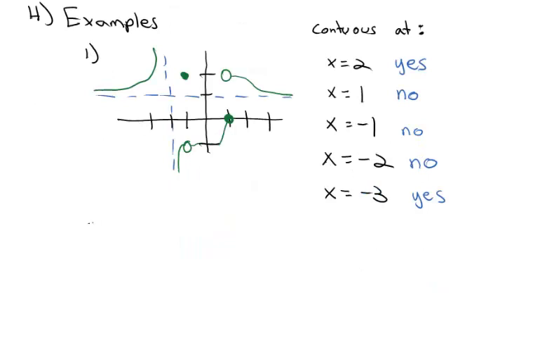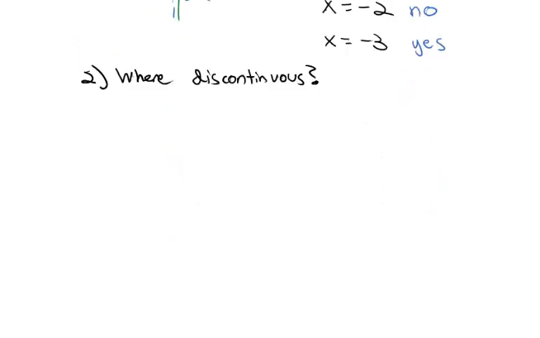So what we may be asked to do is to find out where a function is discontinuous. And again, it's just a vocabulary concept: where is it going to be undefined?